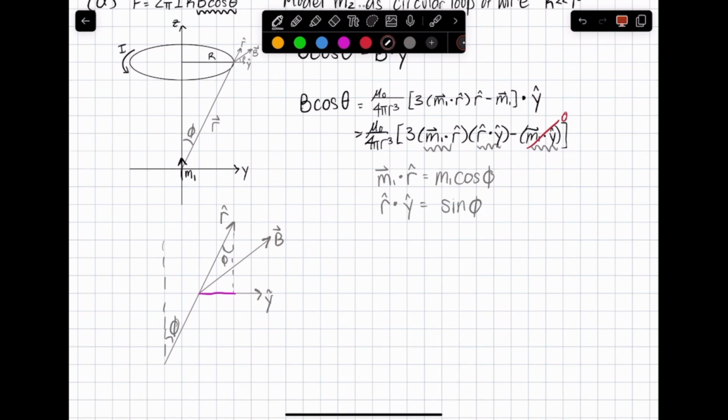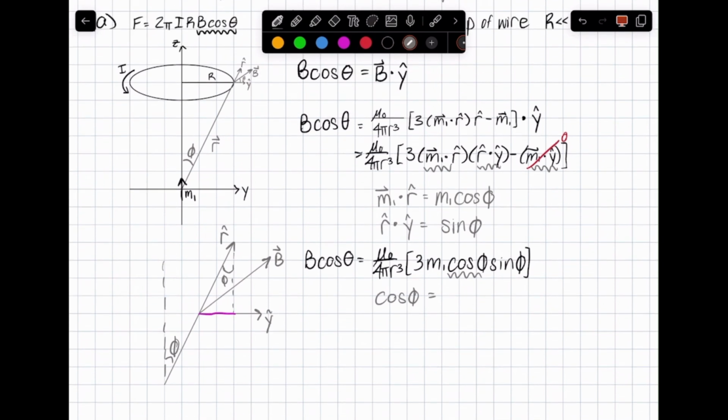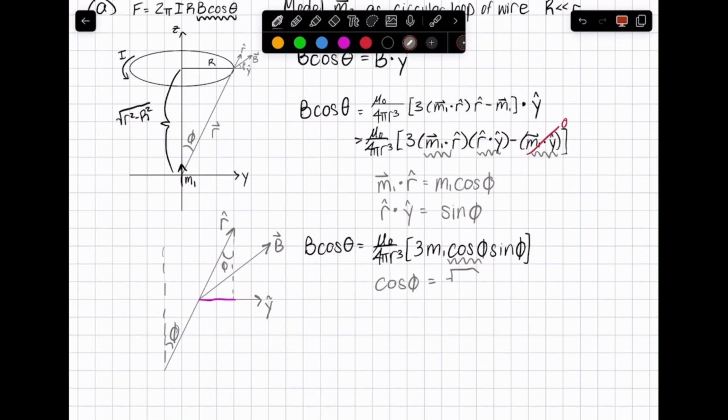Now we can continue evaluating B cos theta, now that we've evaluated those dot products. I'm going to plug those in, and we're still not done yet. We can simplify this down a little bit more, so let's look at how we can define cosine phi. If we look at our geometry, we can define this length as the square root of little r squared minus big R squared. That's the Pythagorean theorem, a classic.